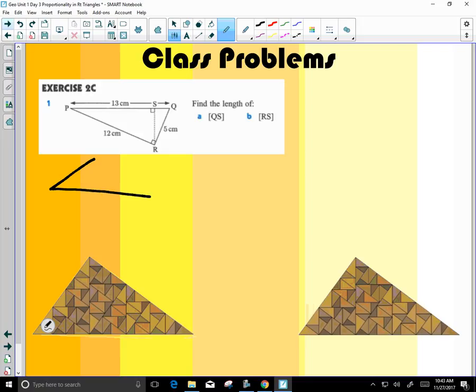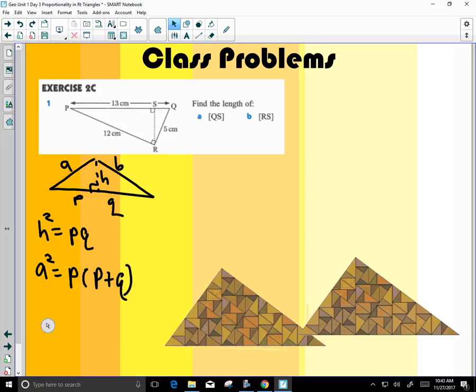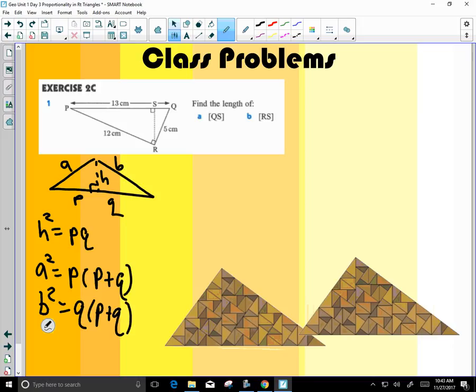I'm going to start off by drawing this ABC, and we're going to split this into H, P, Q. And just to remind you, we had H squared equal to PQ, A squared equal to P times P plus Q, and then B squared equal to Q times P plus Q. You get used to these formulas a little bit, but it really helps me to have these handy.